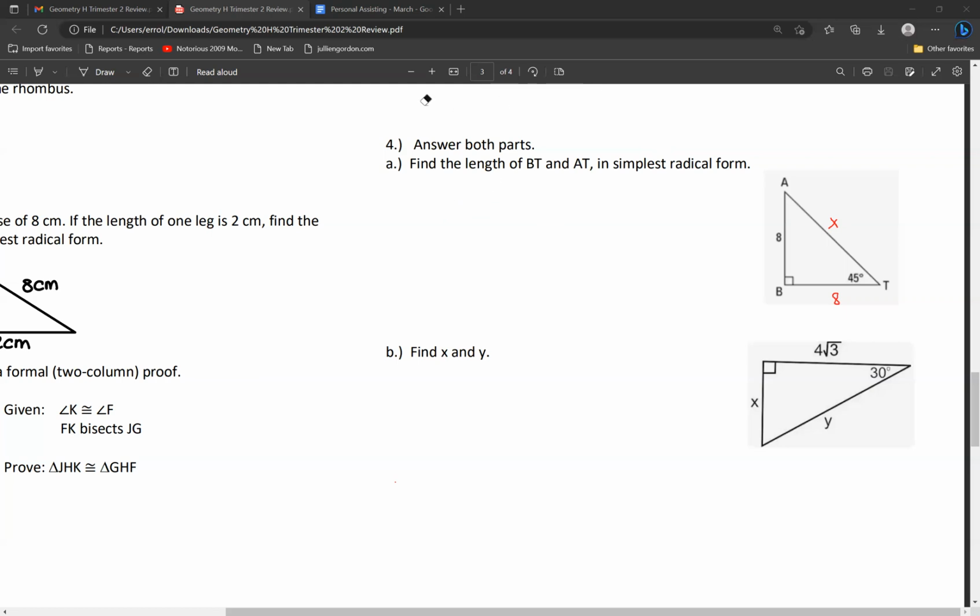8 squared. Okay, so we're going to say AT squared equals 8 squared plus 8 squared, which is what? 64 plus 64 is 128. Okay, now simplify the 128.